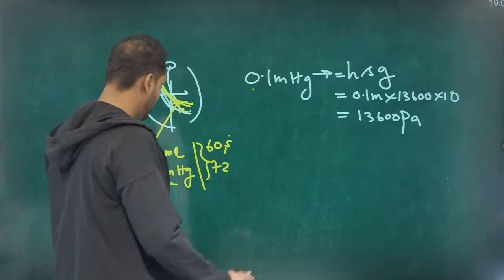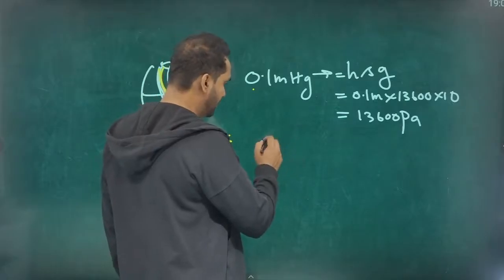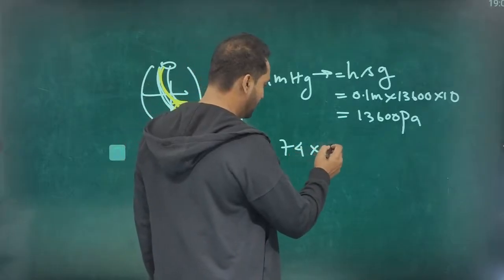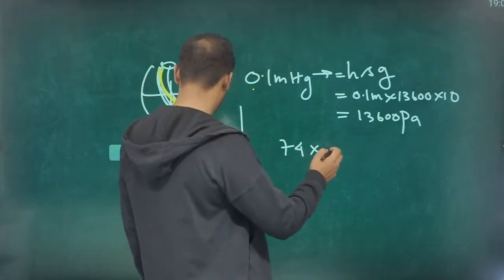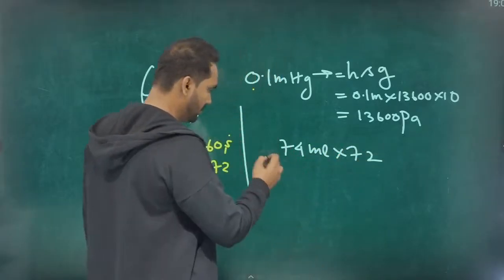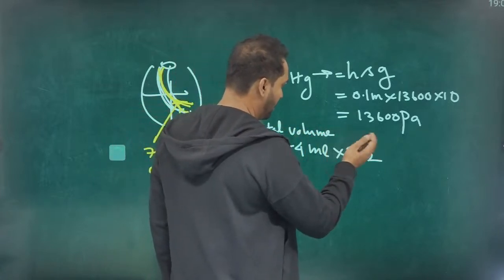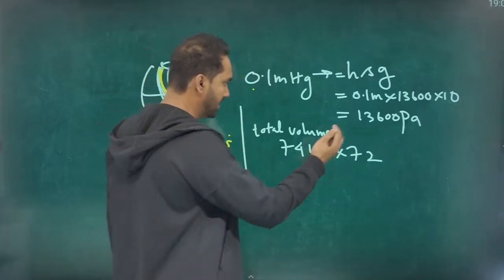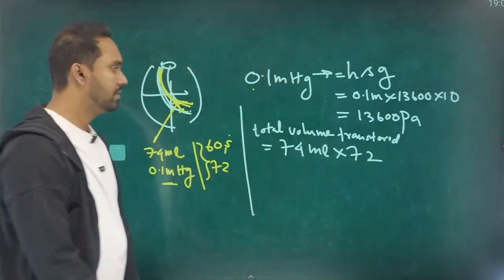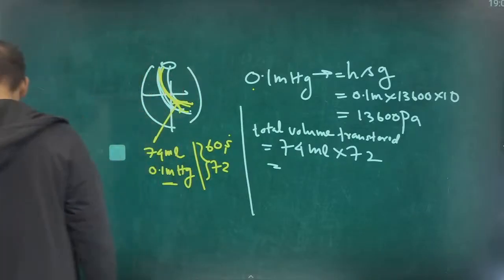So the heart is actually pumping 74 milliliters per time, which means per minute, 74 milliliters into 72, the total volume transferred is this much, 74 into 72, and I need a calculator as well. 72 into 74.